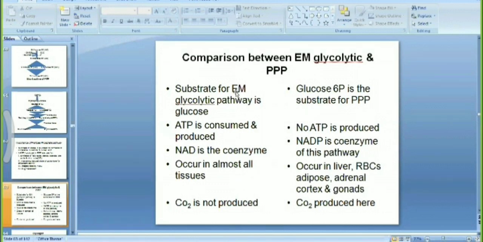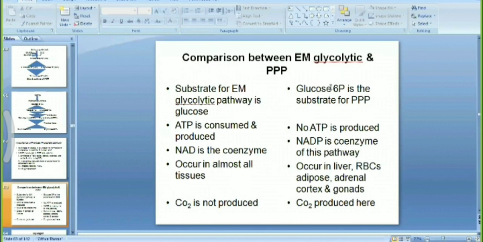If we compare these two pathways, it will be easier for us to remember. Substrate for Embden-Meyerhof glycolytic pathway is glucose. Substrate for the pentose phosphate pathway is glucose 6-phosphate.